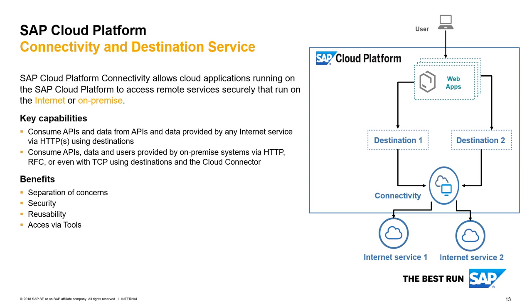The destination service can be used to retrieve and store the technical information about the target resources. They offer APIs which allow a flexible and secure integration of applications in the cloud and on-premise. Benefits are, for example, the separation of concerns and reusability of the data stored in the service.